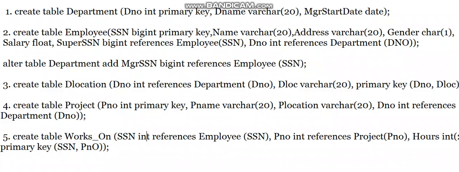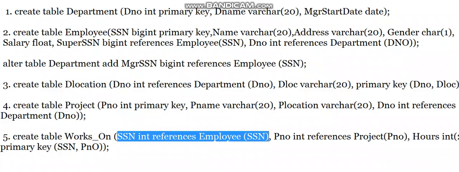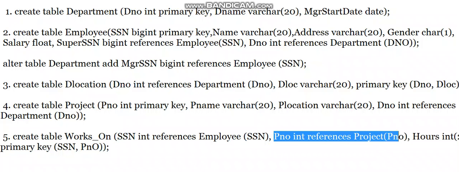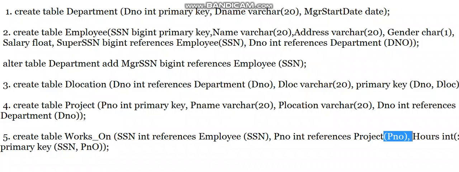So SSN is a reference key to employee SSN, then project number, then hours, the number of hours. I'm giving int of 2 because I want only two digits, up to 99. If you insert 100, I will get an error.